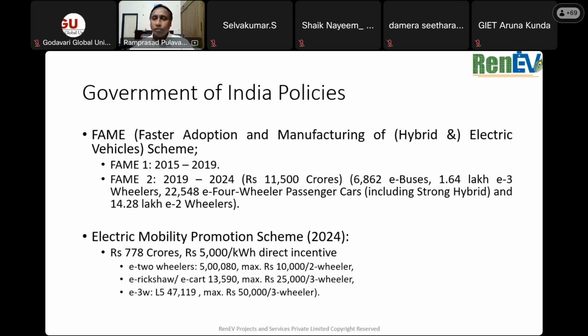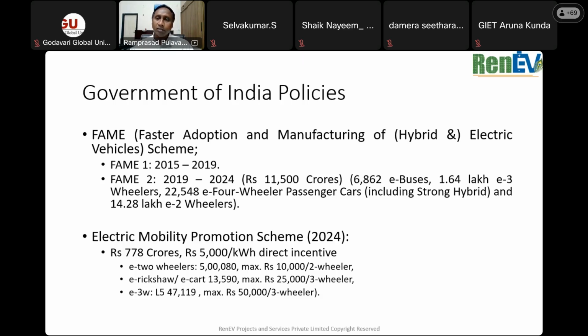So FAME 2 was completed in 2024, and now it has been replaced by the Electric Mobility Promotion Scheme, which was launched in the year 2024. As you can see, the initial subsidy quantum was very high, 11,500 crores. Now it has reduced to only 778 crores.